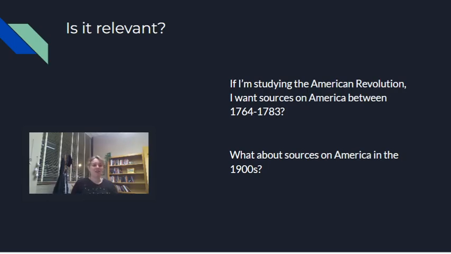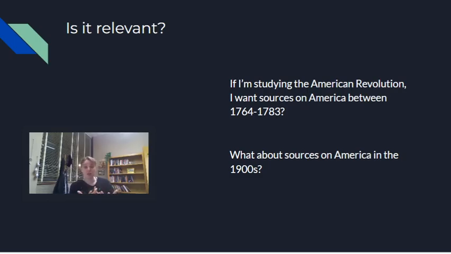So let's start off with, is the source relevant? It's really easy to go onto Google, or it's easy to go onto one of the library databases and just kind of search for a term. And what comes up may not often be what we're talking about. So the example I gave here is, if I'm studying the American Revolution, I want sources that are about or come from the time period of the American Revolution.